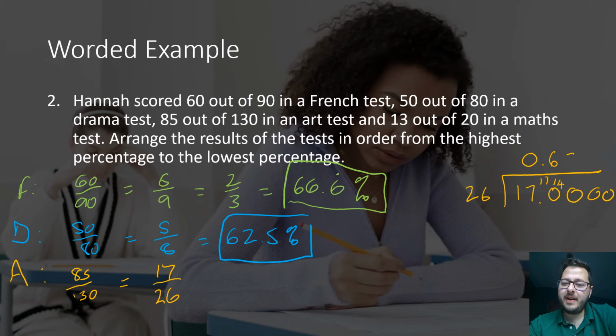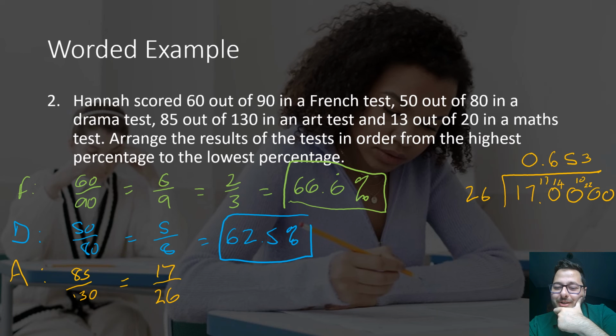Then it's going to be 5, remainder 10. How many 26s go into 100? It's going to be 3. 26, 52, 78, 220, and then we'll just do one more and then we'll round it up.